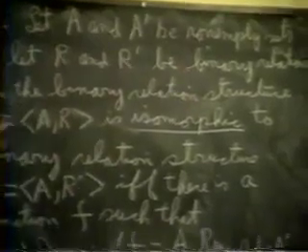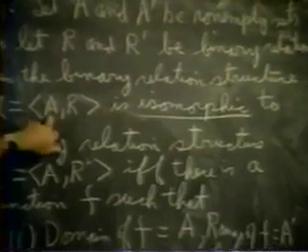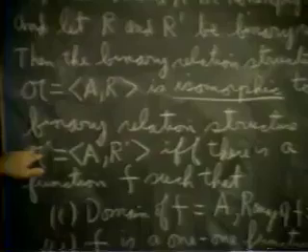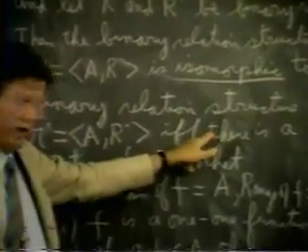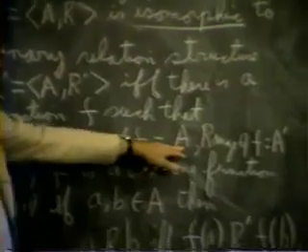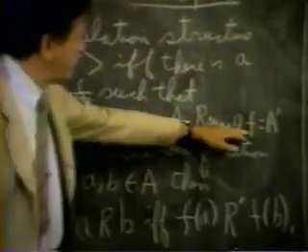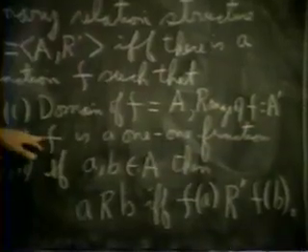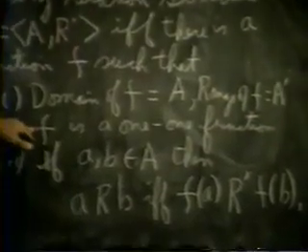Then the binary relation structure (A, R), which is the couple A-R, is isomorphic to the binary relation structure (A prime, R prime) if and only if the following conditions are satisfied. First, there is a function f such that the domain of f is the set A, and the range of f is the set A prime. Secondly, the function f is a 1-1 function.